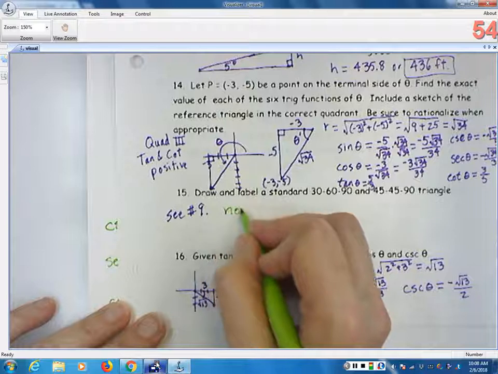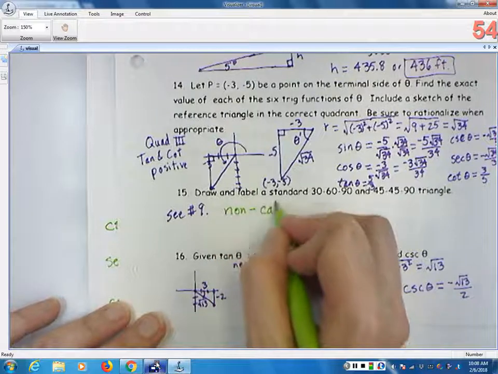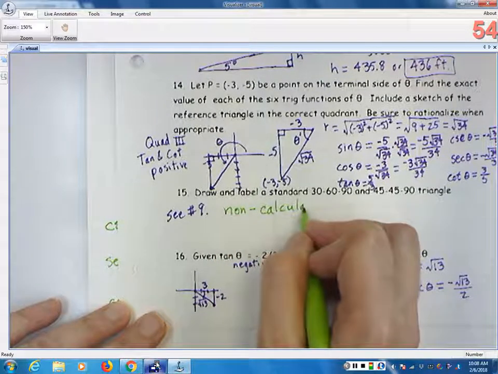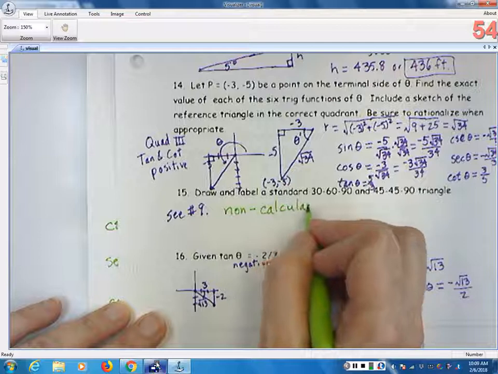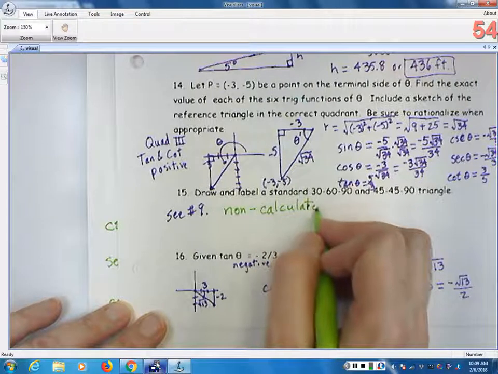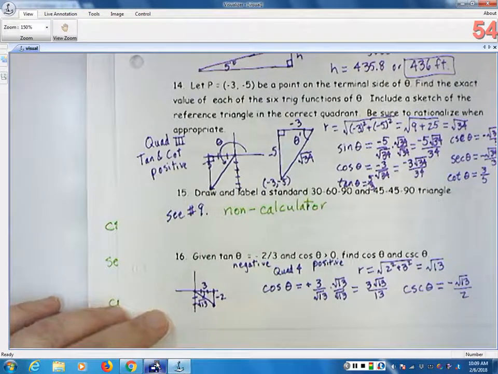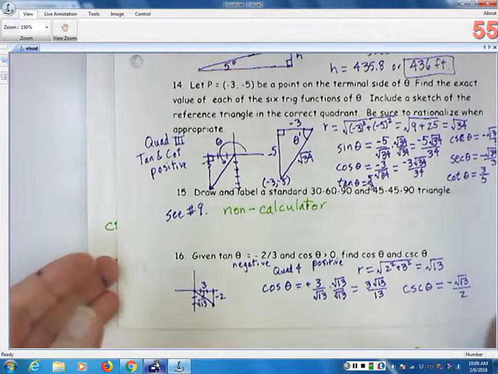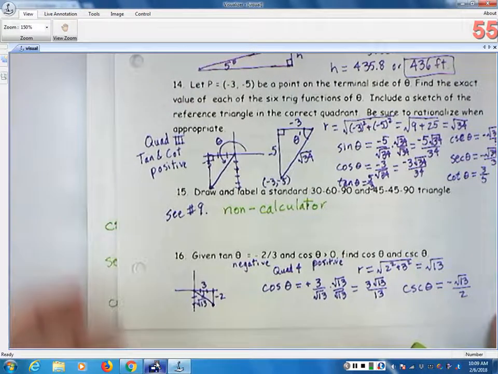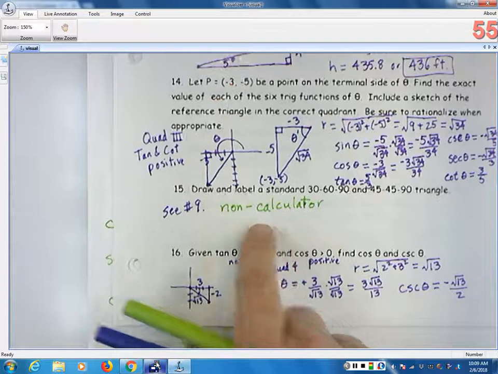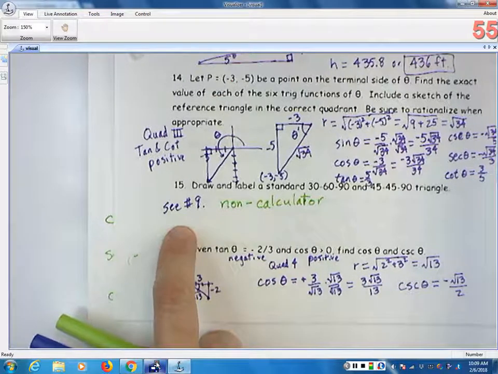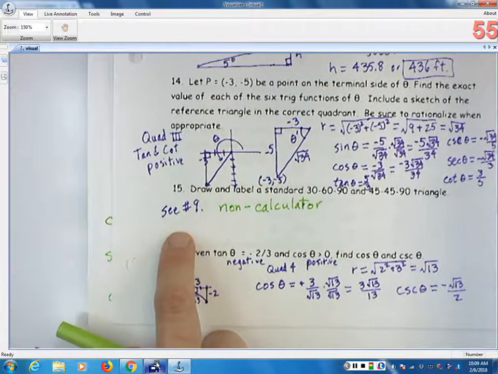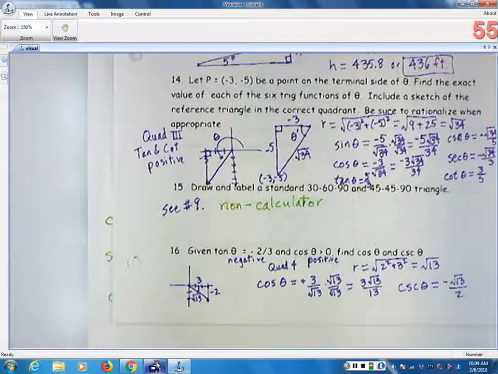You need to be able to draw those standard things in the non-calculator part, and we did that in number 9.